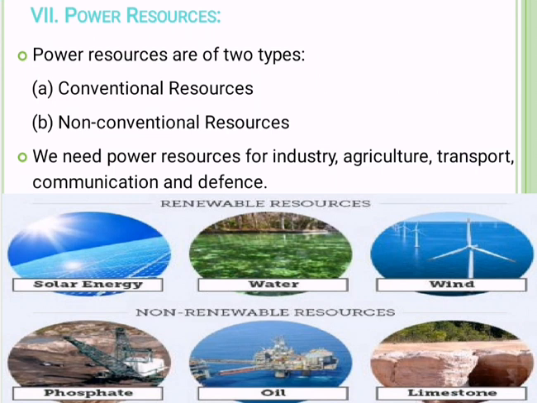Here we can find some examples: solar energy, water, wind are renewable resources, and non-renewable resources like oil, limestone or petroleum.